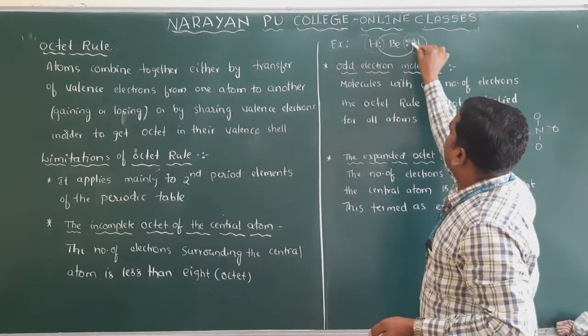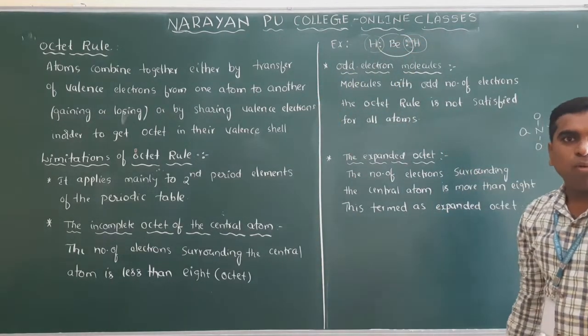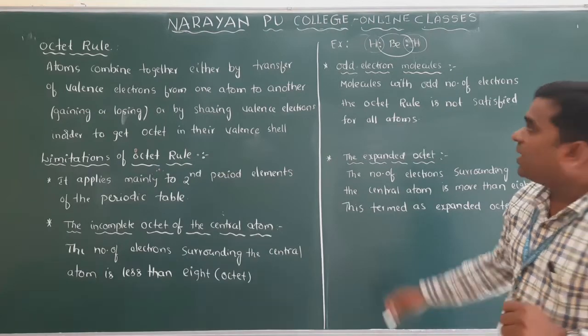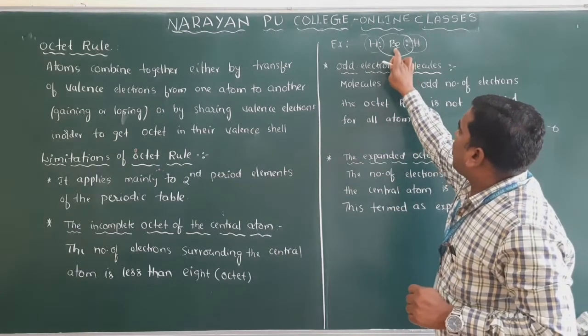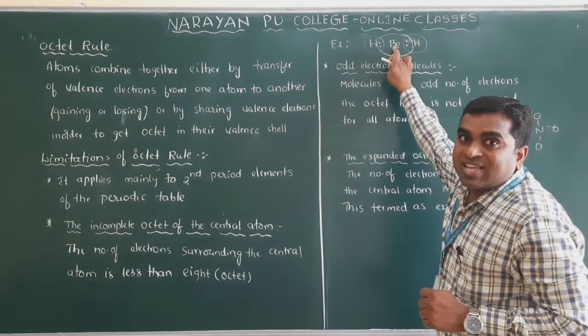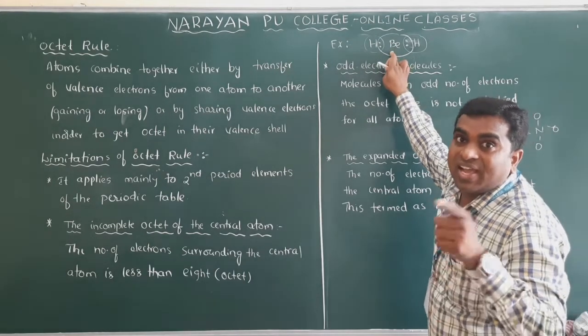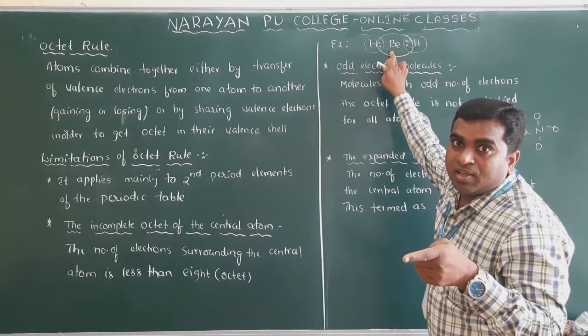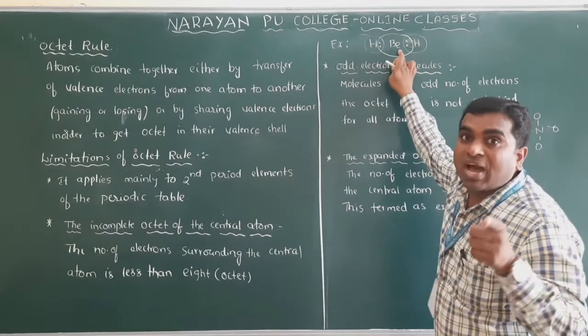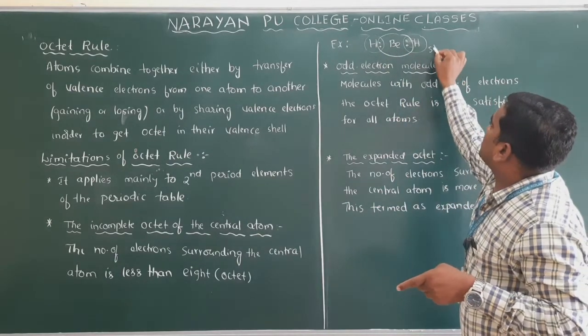But how many electrons does beryllium have here? 4 electrons. This means the number of electrons surrounding the central atom is less than 8, less than an octet. If less than an octet, this molecule should be unstable, but this molecule is stable.